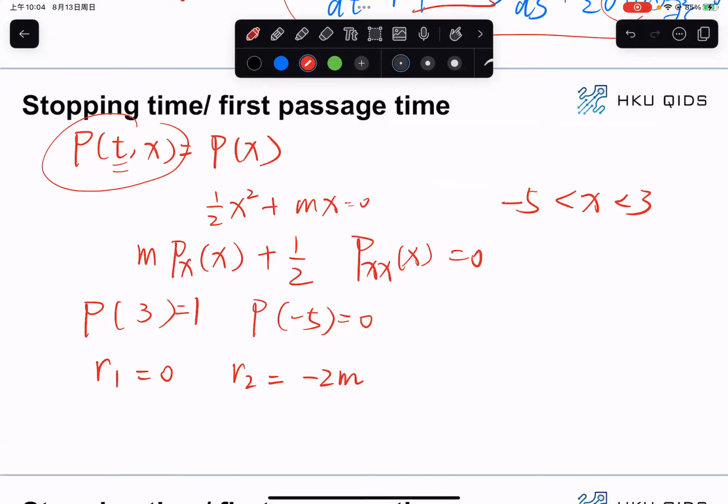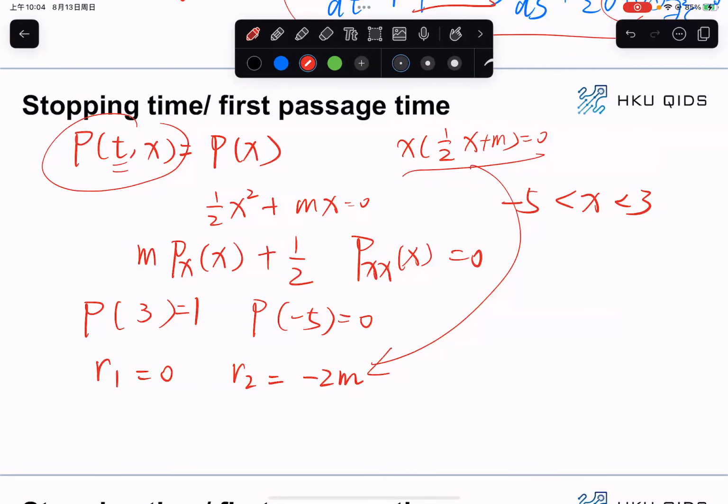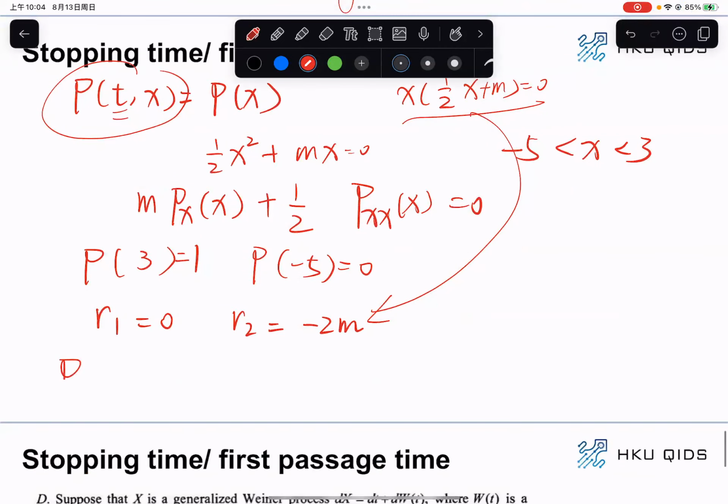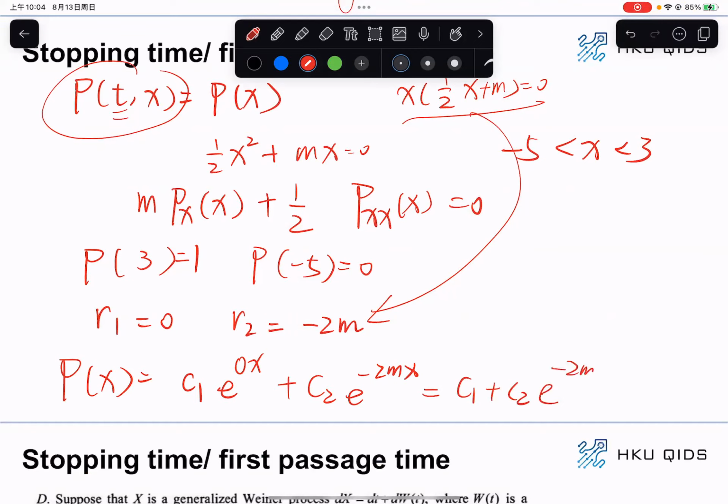So it has two characteristic roots, and then we apply the boundary. So we have the general solution where p(x) is going to be c1 e^(0x) plus c2 e^(-2mx), which is equal to c1 plus c2 e^(-2mx).